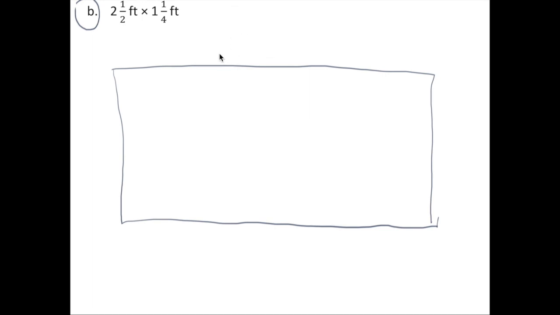And I'm going to use our area model, the same area model that we've been using all week. So I'm going to go ahead and just label this rectangle as 2.5 feet wide by 1 1/4. And then we're going to get into a little bit more precise labeling here.